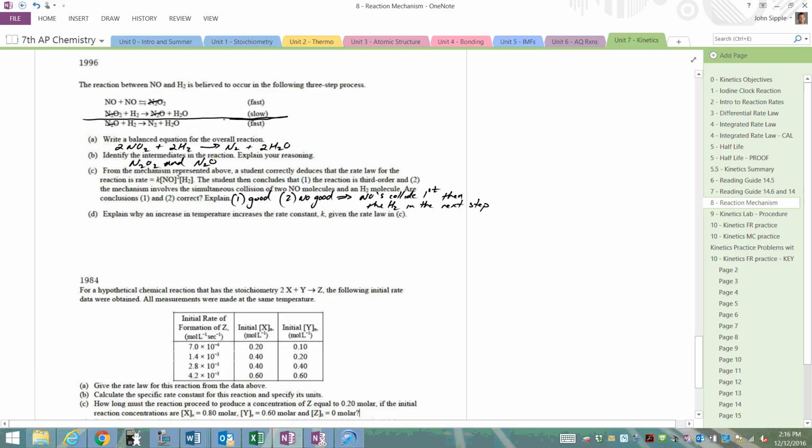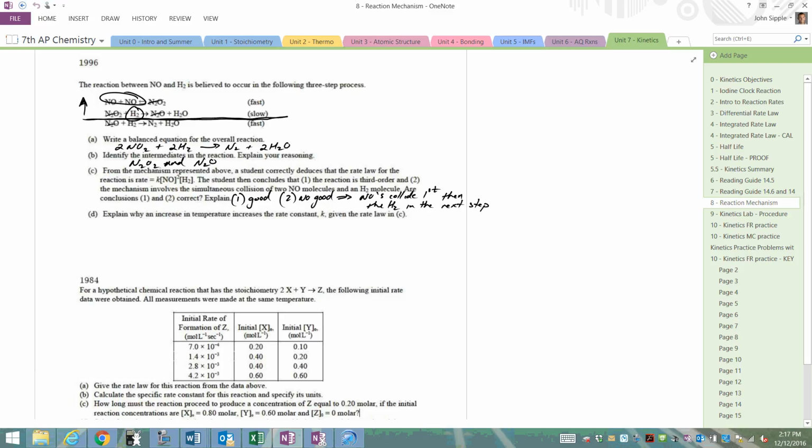See where the slow step is here? Look at the slow step and above. Notice what we have: 2 NOs and an H2. That's where the rate law is coming from, not the overall balanced equation. The rate law comes from the slow step and above, and that matches here: 2 NOs and an H2. There we go.